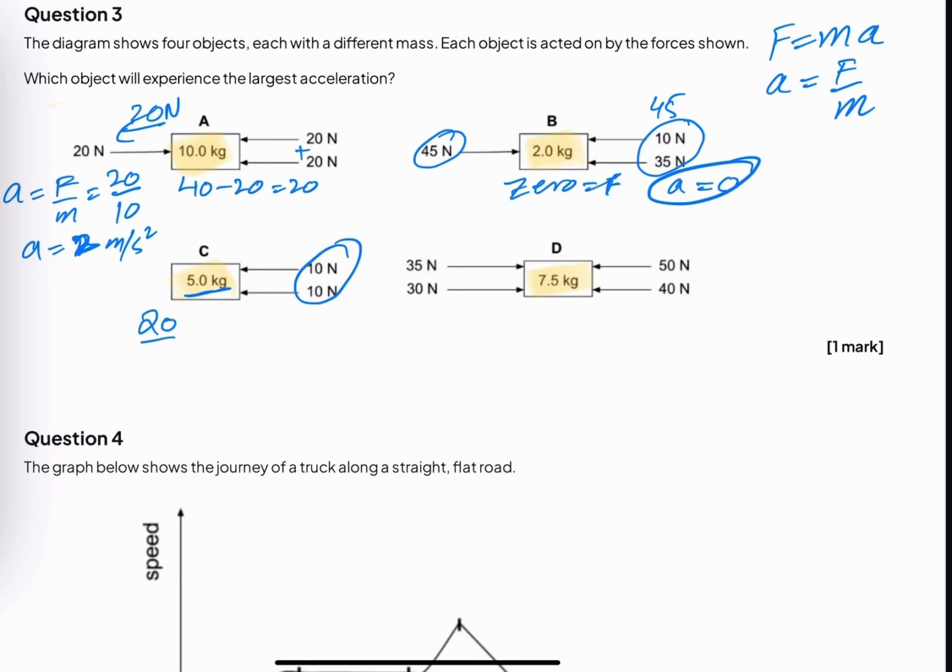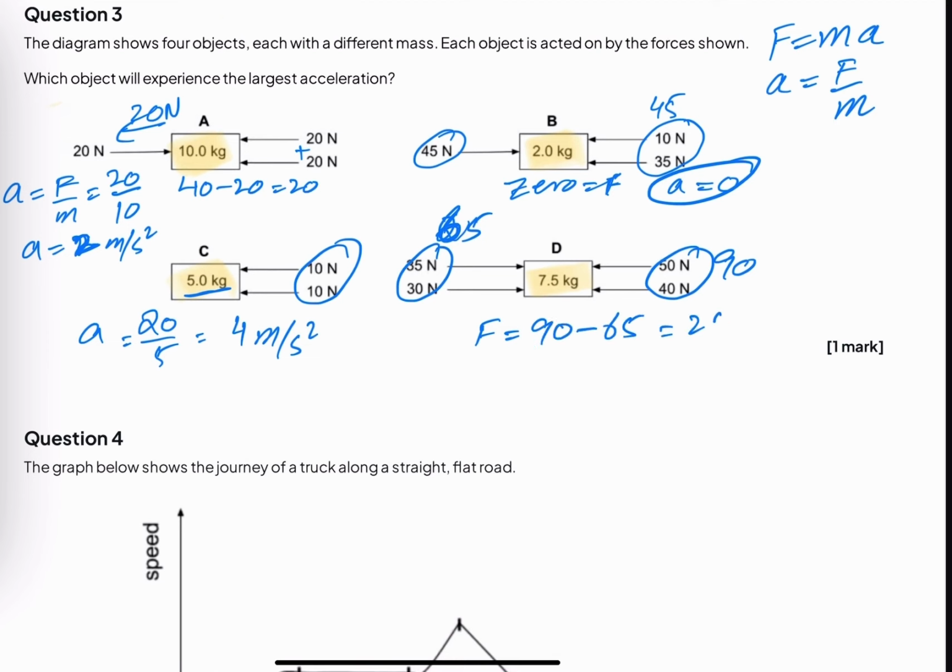So 20 divided by 5, that will give you 4 meter per second squared. And for option D, this is 90 and this is 35 plus 60, it will give you 65. So the resultant force will be 90 minus 65, that will give you 25.